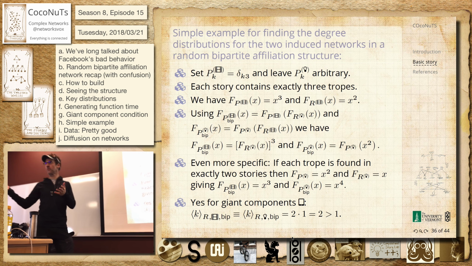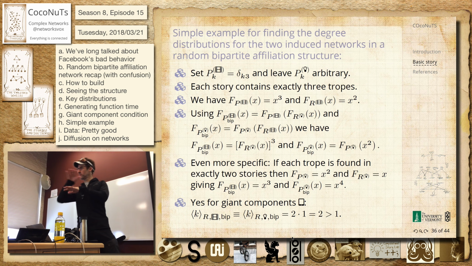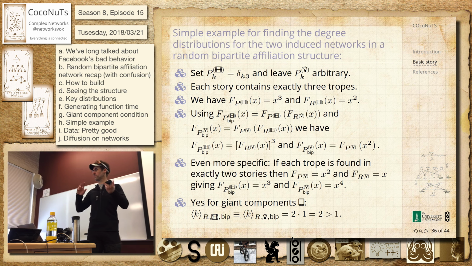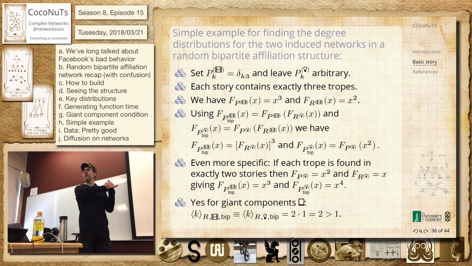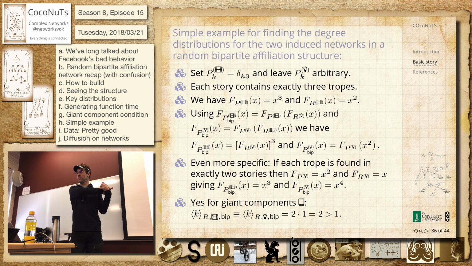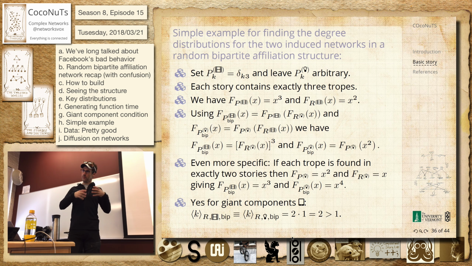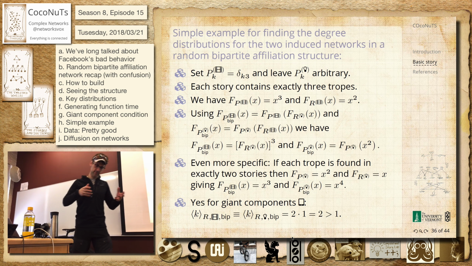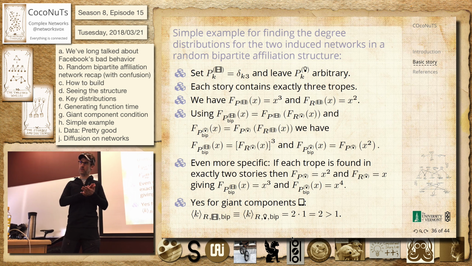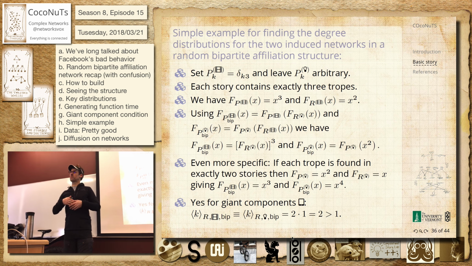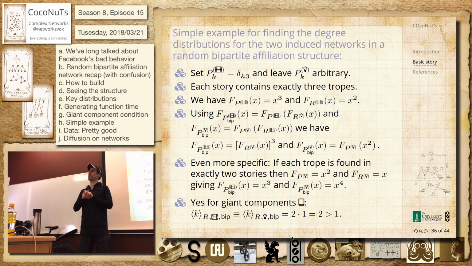But in reality, you've got some actual bipartite thing. You look at the structure and so on. You'll want to see as a first step how far it departs from pure randomness, and then move along and say, okay, there's some mechanism here that's making the people clump together or whatever it is, for good or bad.